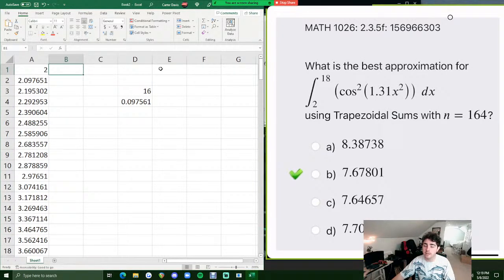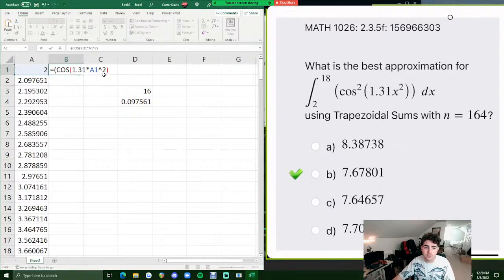Now we want the function values at each of these. We are typing in this cosine function. Again, it helps to do cosine of the inside argument and then close all that off and then square it. So cosine of 1.31 times x squared. Everywhere you see x, you're clicking on the cell A1 or whatever's to the left of what you've typed in.